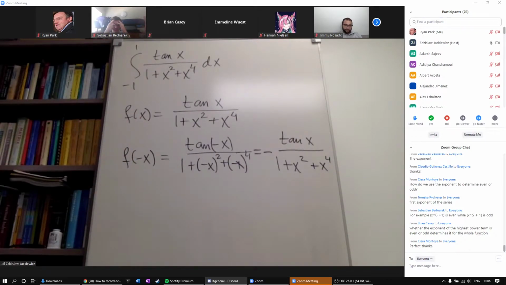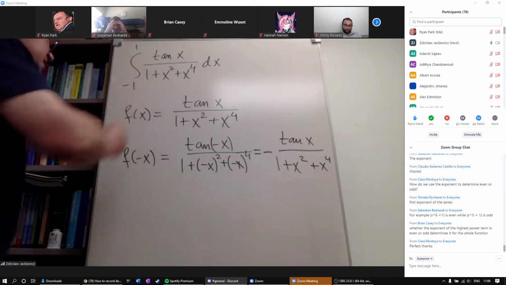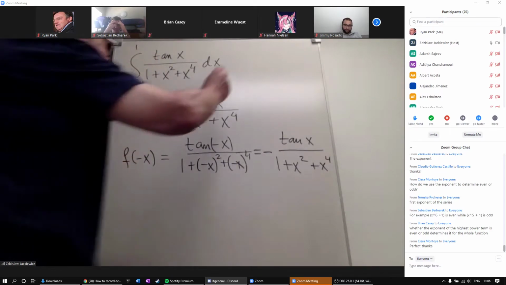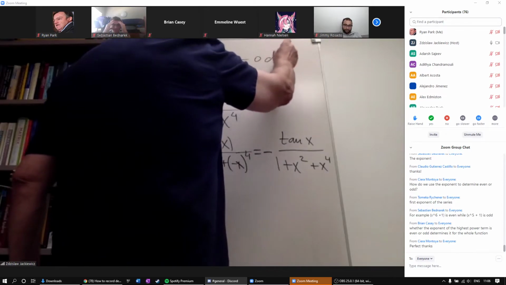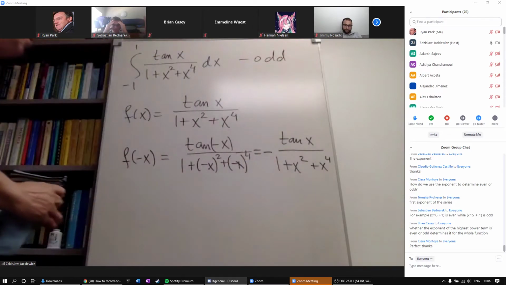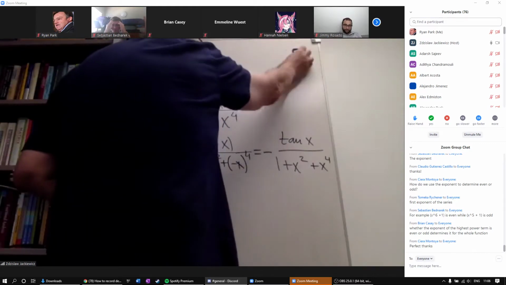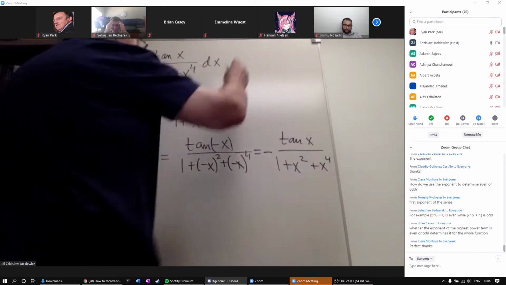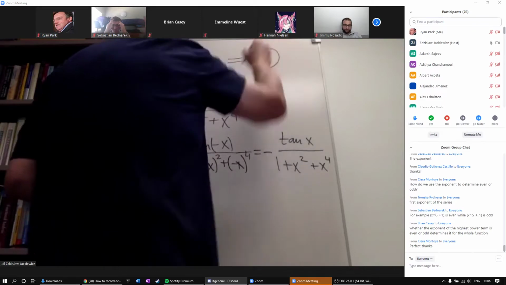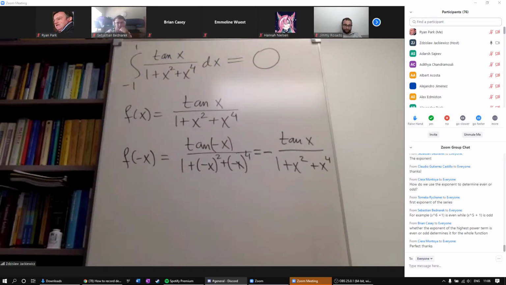So this function is odd. If a function is odd, you don't have to compute anything. You can conclude right away that the answer is 0.